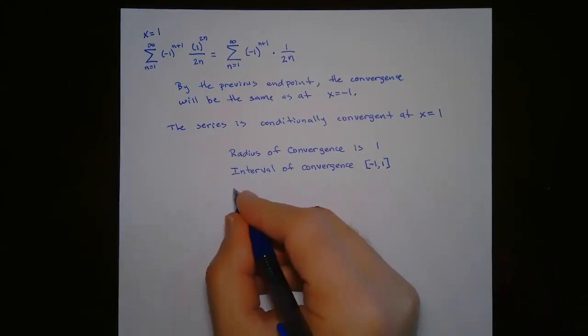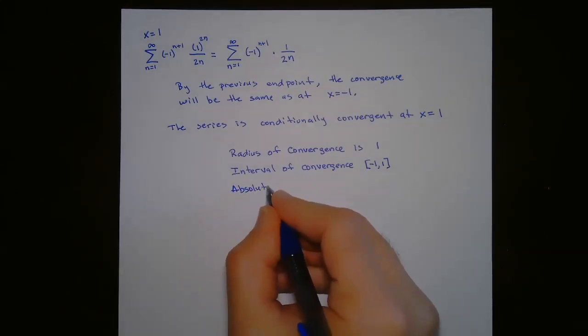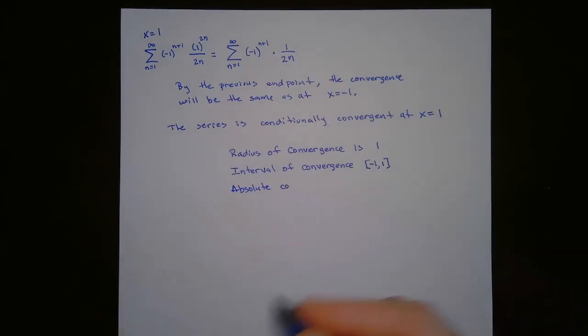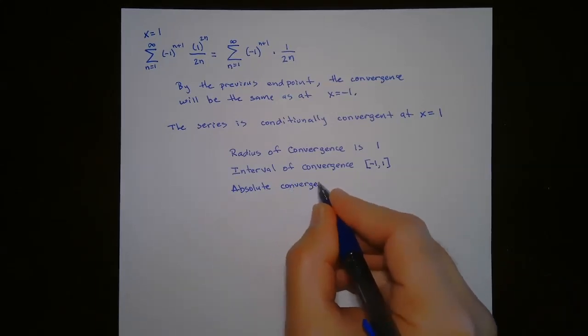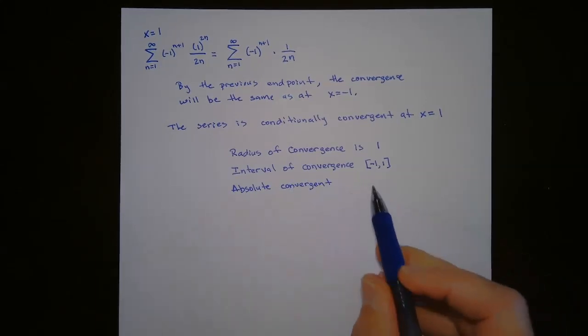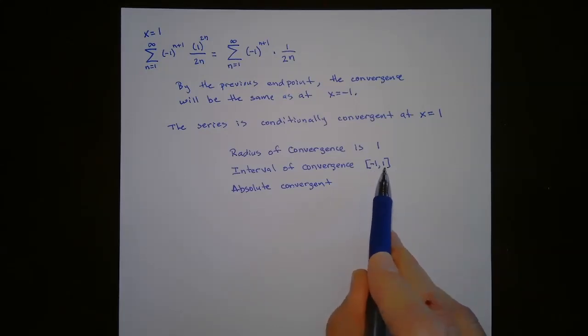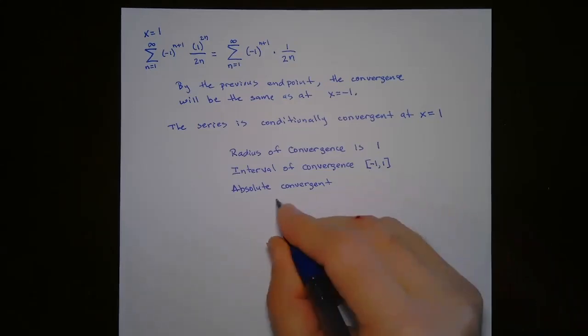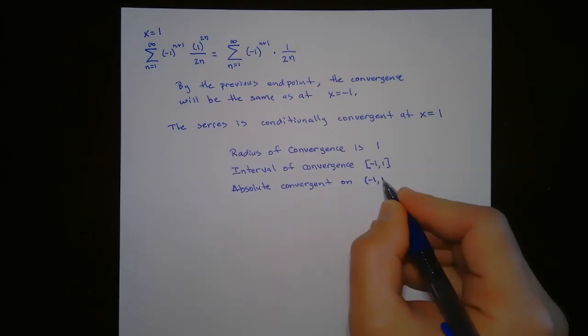Now, where's it absolutely convergent? So absolute convergence. For what x values is it absolutely convergent? Okay, and at -1, it was conditionally convergent, and at 1, it was conditionally convergent. So we don't include the endpoints on this. So it's absolutely convergent on the interval parenthesis -1 to 1.